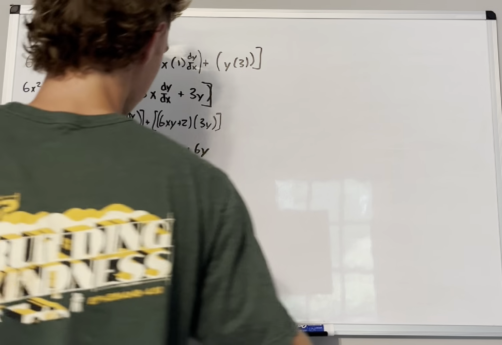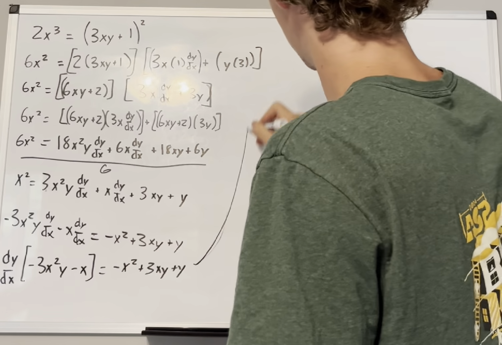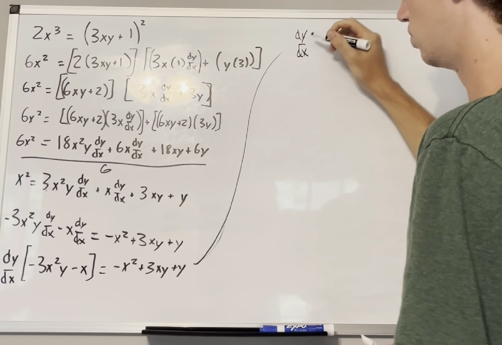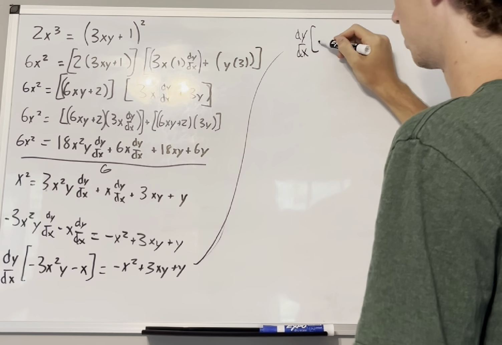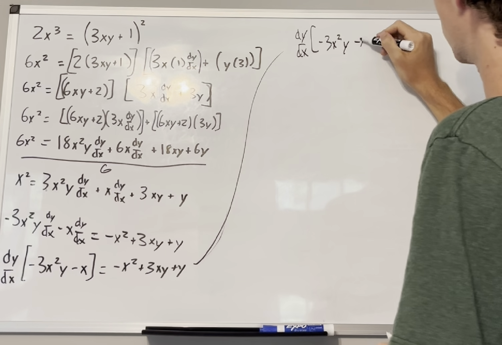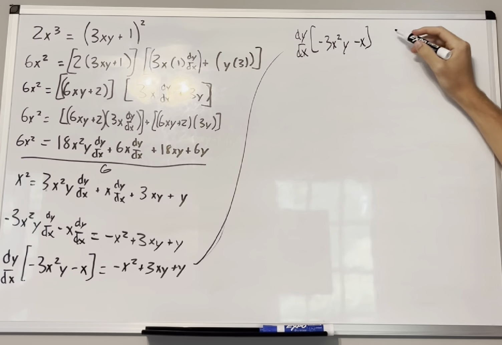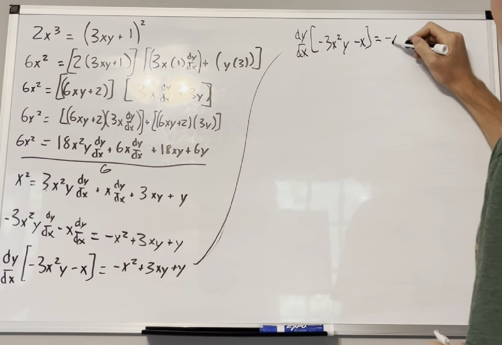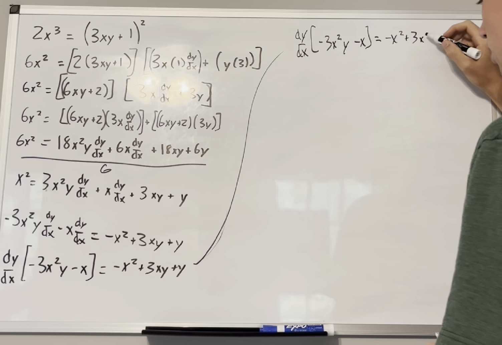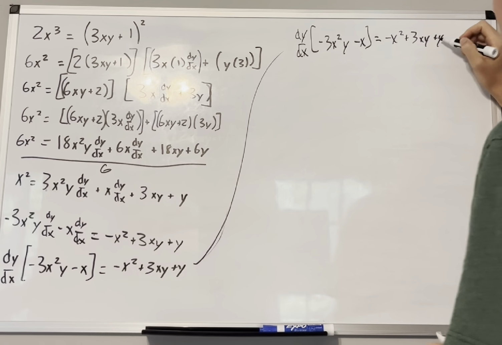And then I'm going to rewrite this up here: dy dx times negative 3x squared y minus x equals negative x squared plus 3xy plus y.